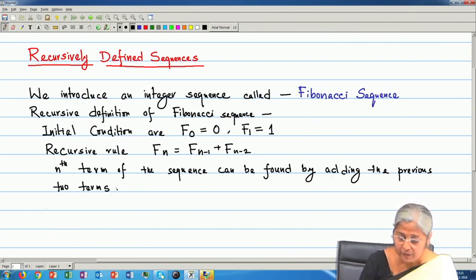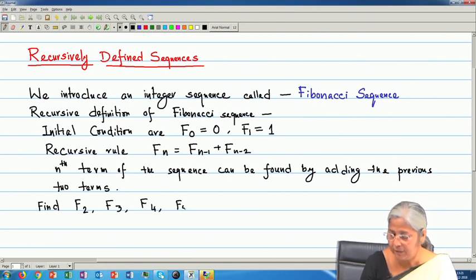So, how can we find the terms using this recursive rule? Since f 0 and f 1 are given, we find f 2, f 3, f 4, f 5, f 6 by applying the recursive rule along with the initial values.